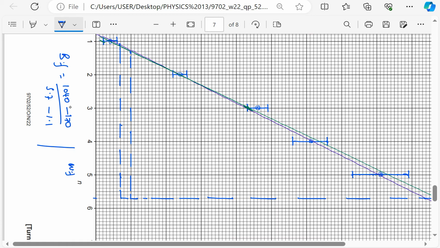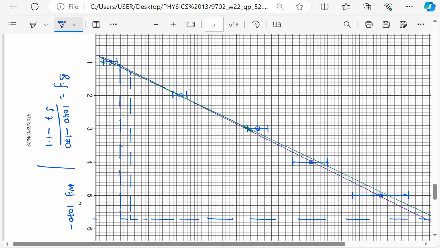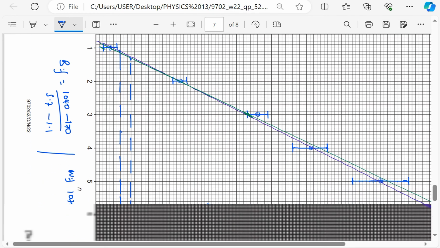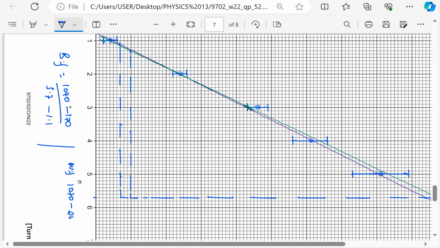This is for the worst fit. 1070 minus the y value for the worst fit is 1, 2, 3, 4, 5, 6, 7, 8, 9, 10. That is 200. So this is 200 divided by the x value, which is the same here, so 5.7. The first x value for green is this one, which is 0.1, 0.2, 0.3.